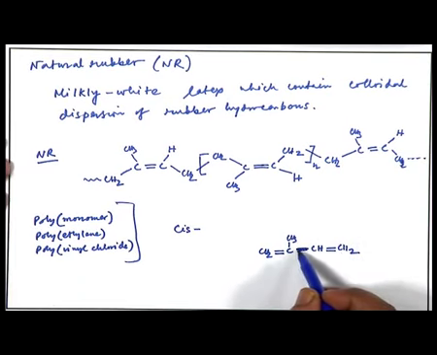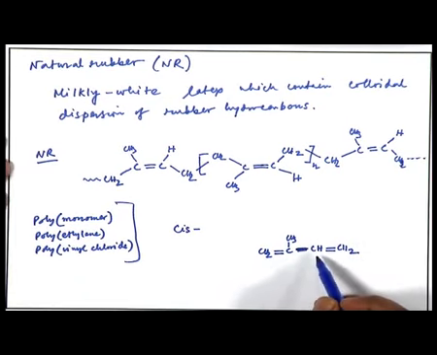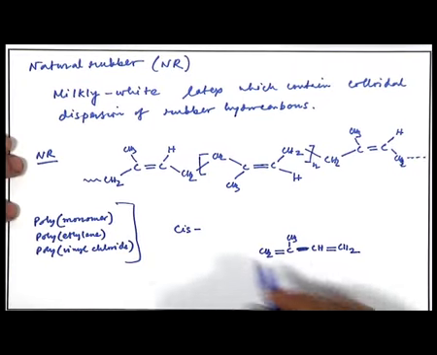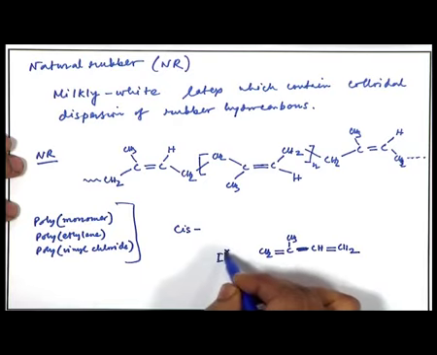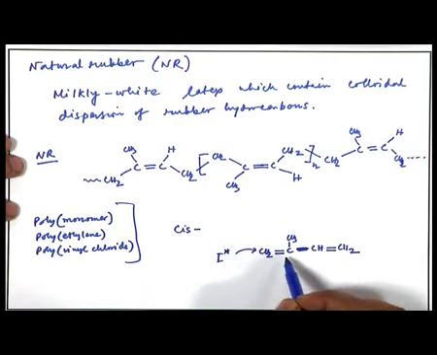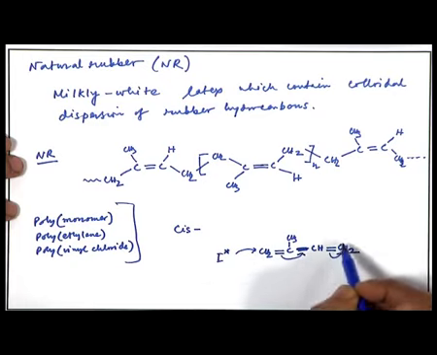So, this is a single bond, not a double bond. If we think of this as the monomer, then we can think about an initiator which can react, and you get the double bond here and the active center here.